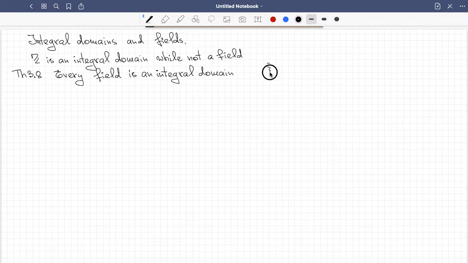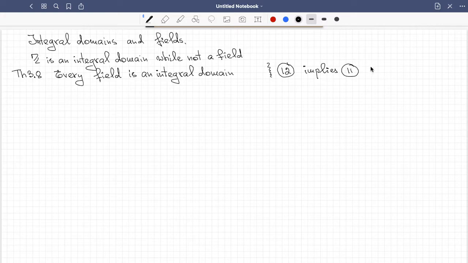One can reformulate that as 12 in our list of requirements in the definitions implies 11.